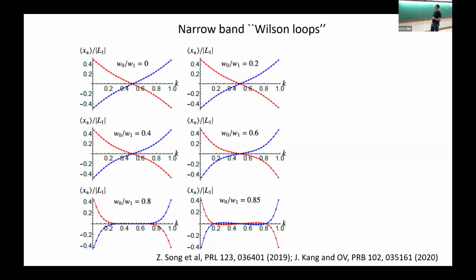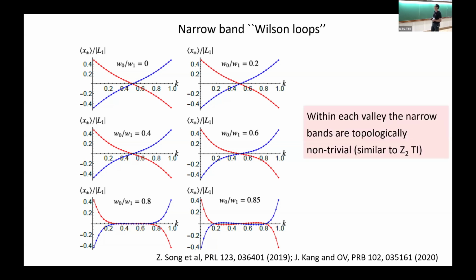So in any case, the point of these plots is that regardless of the value of this ratio that you choose, either in the so-called chiral limit or away from it, the bands are topological. They can be decomposed into a Chern plus and a Chern minus band. Okay? But the details of how the non-abelian Berry curvature is distributed actually depends on this ratio. That's the upshot of this point.